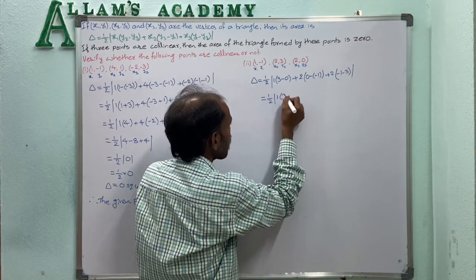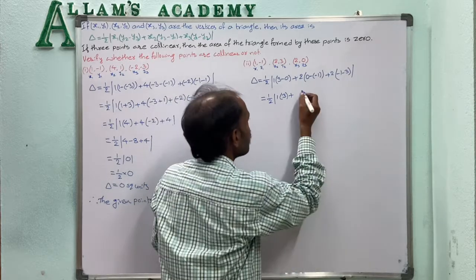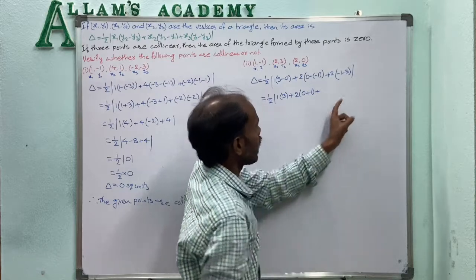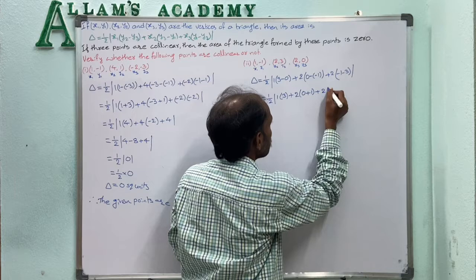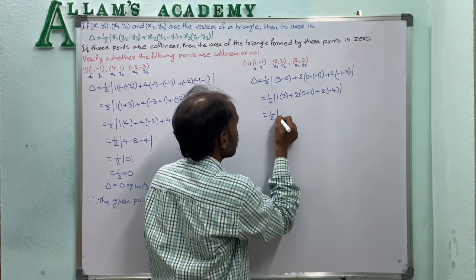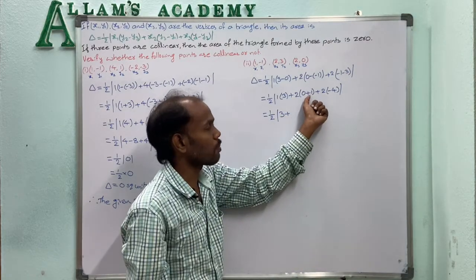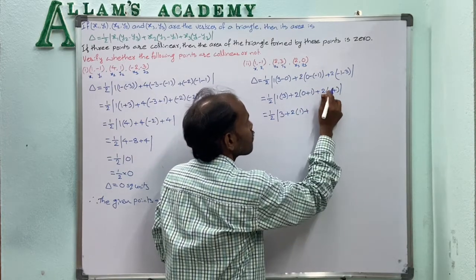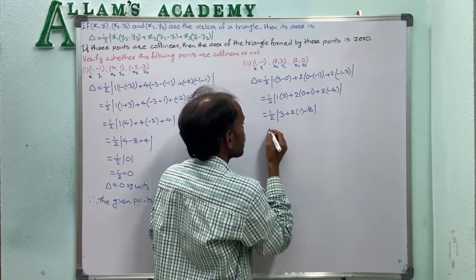So 1 into 3 is 3. Minus of minus 1 is equal to plus 1, so 2 into 1. Then minus 1 minus 3 is equal to minus 4, so 2 into minus 4 is minus 8.